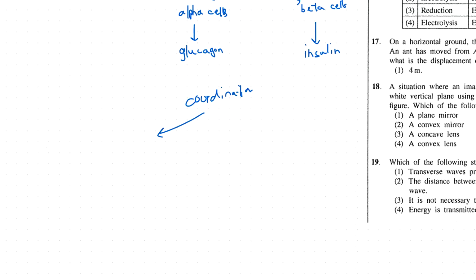Coordination is the fifth part of biological processes. We learned about digestion, respiration, excretion, blood circulation, and finally coordination. What are the two types of coordination?